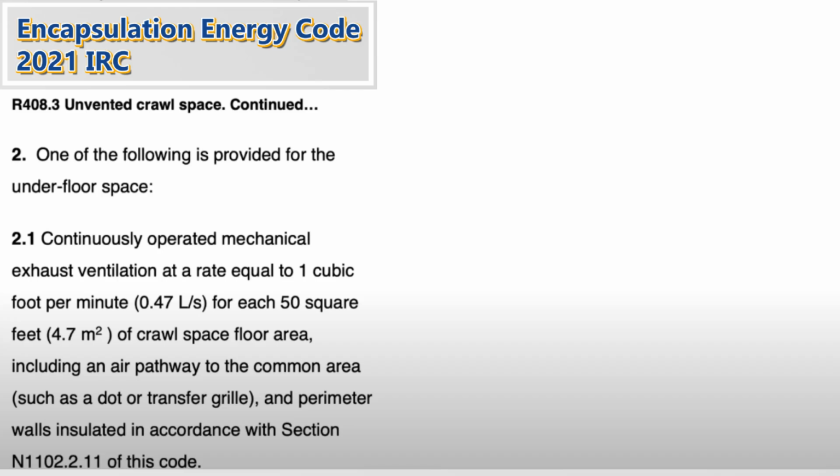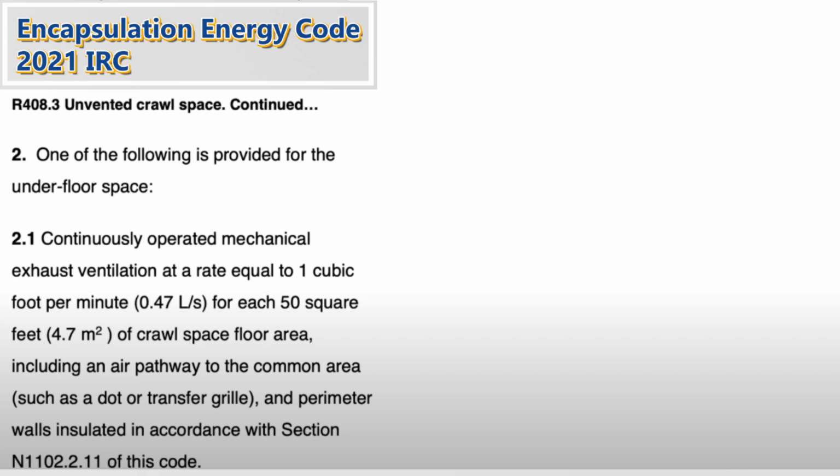When it comes to the 2021 Code on Unvented Crawl Spaces, in Section 2.1, continuously operated mechanical exhaust ventilation needs to be at a rate equal to 1 cubic foot per minute for each 50 square feet of floor area, including an air pathway to the common area, such as a duct or transfer grill, and perimeter walls insulated in accordance with Section N1102.2.11 of this code.